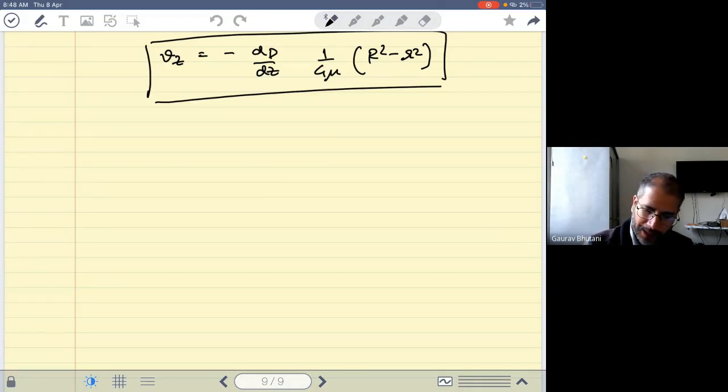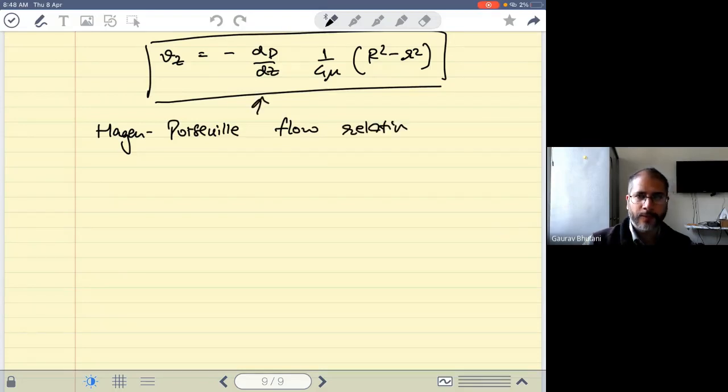Okay. In many cases, this is also known as the Hagen-Poiseuille flow relation. Okay. Hagen and Poiseuille worked together on this pipe flow situation.